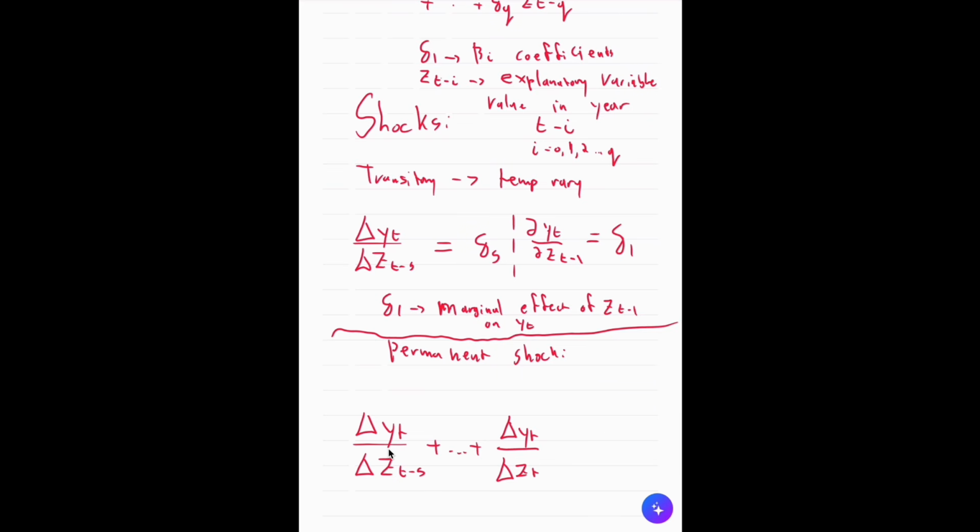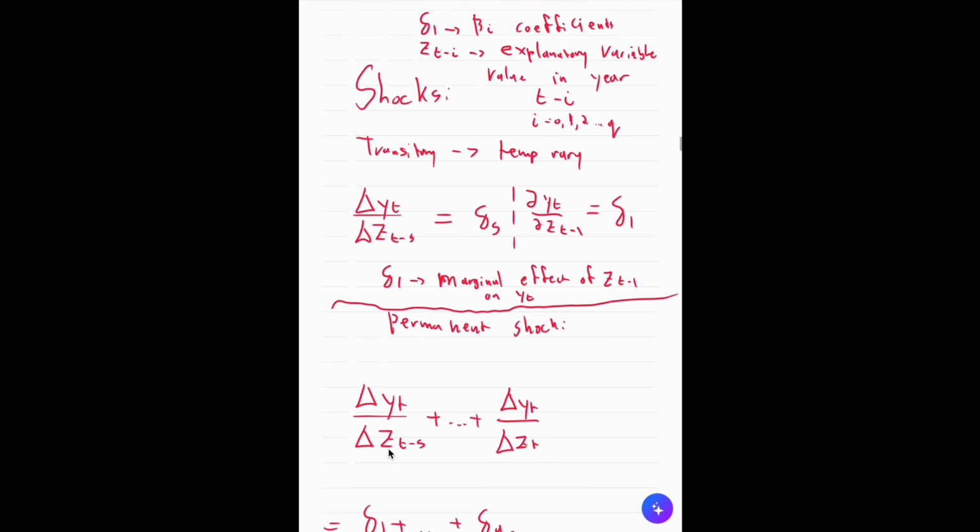That is equal to, let's just call this thing alpha s, right? And so alpha s or alpha 1, if you take the derivative, similar thing, it's just the marginal effect of the explanatory variable in a given year on the dependent variable, right?